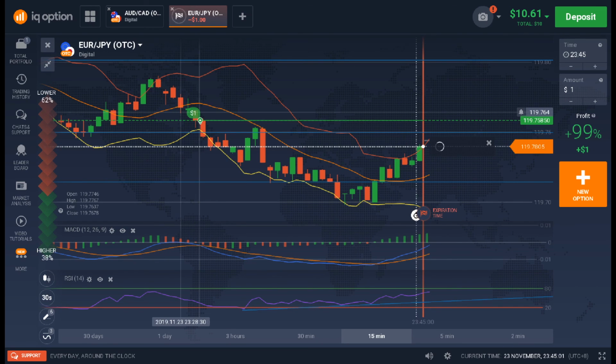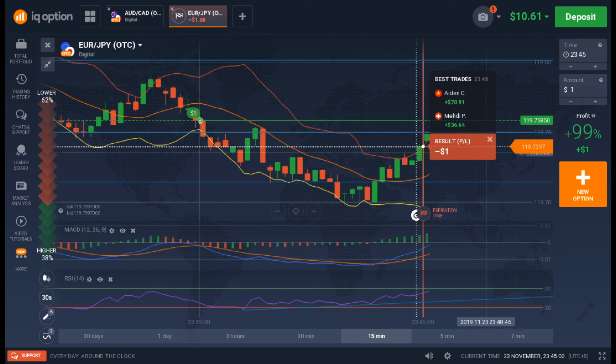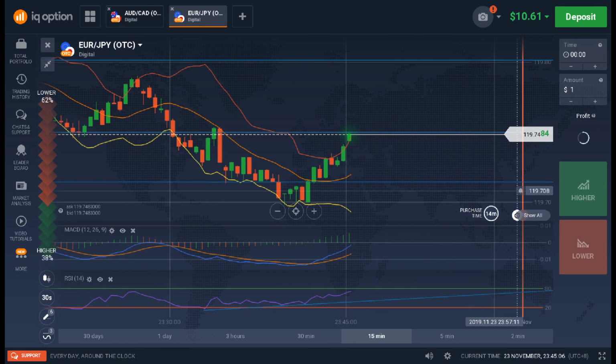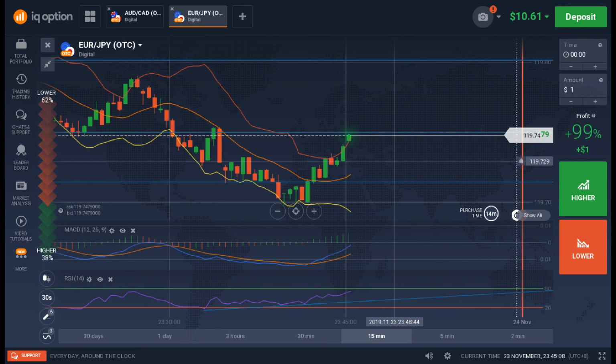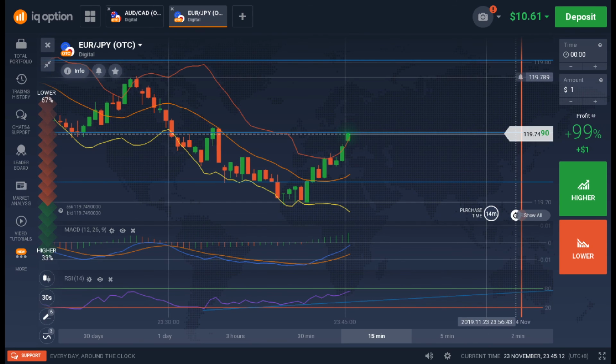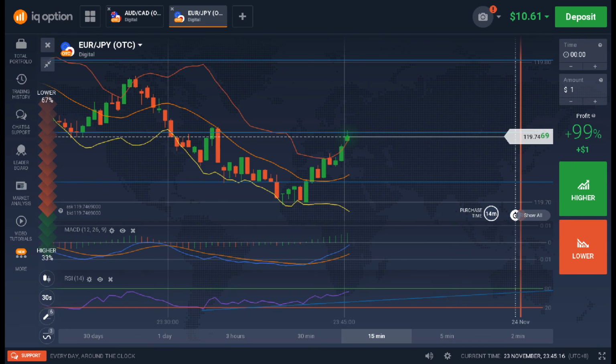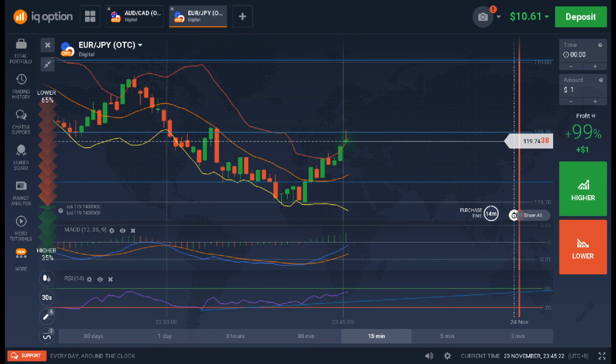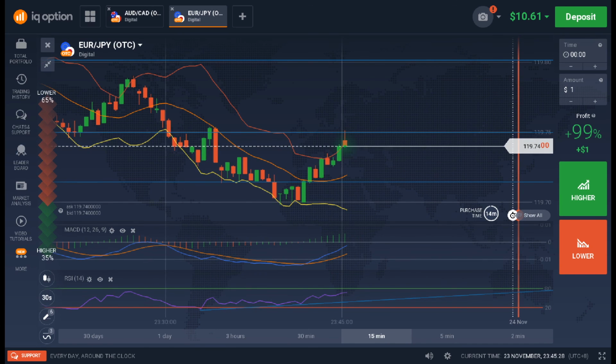It won't. So that leaves us with a final amount of $10.61. So, ladies and gentlemen, we were able to end this challenge with a 61-cent gain, with us completing 27 trades in a span of 2 hours.